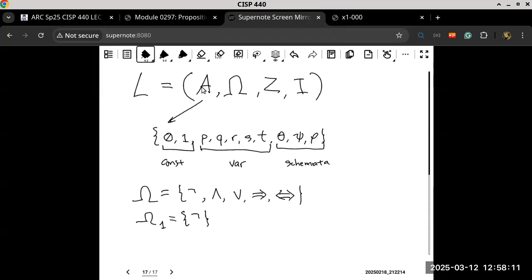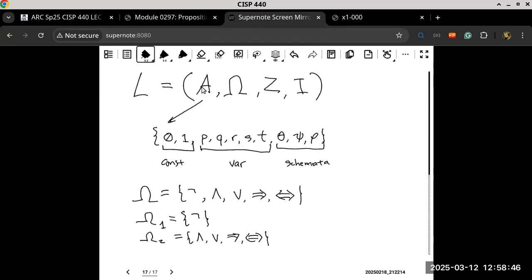Everything else requires two operands. So omega 2 would be all the operators that require two operands: and, or, implication, and if and only if. Now, why do we have to break omega into omega 1 and omega 2? The reason has to do with the fact that if I want to use a formal language to describe what is a well-formed formula, then these become useful. Is that okay so far? All right.